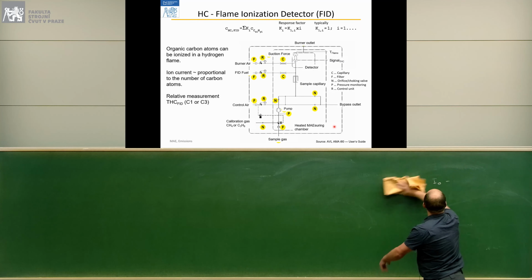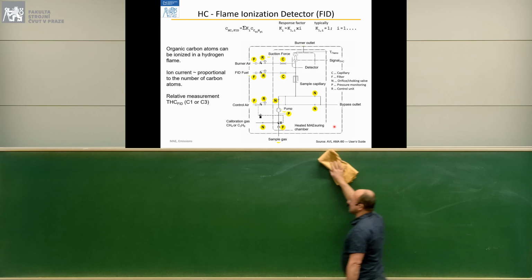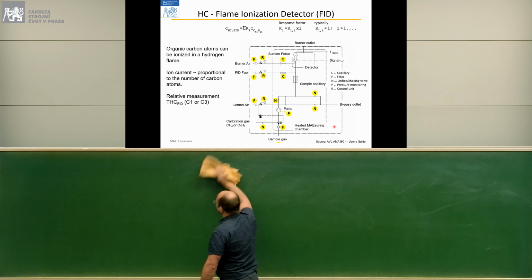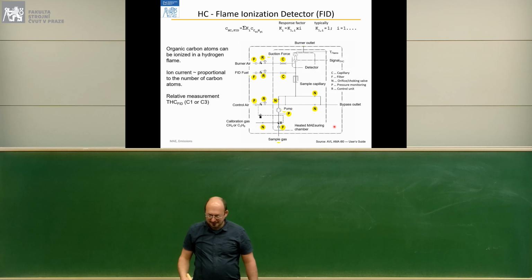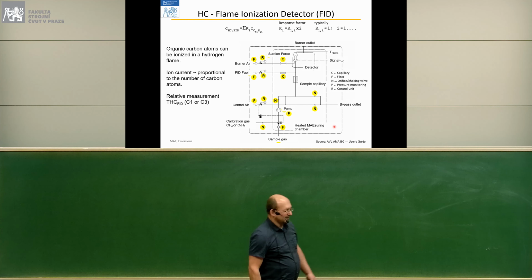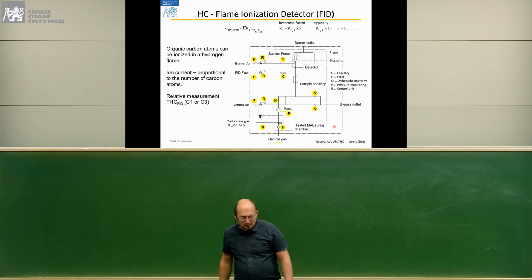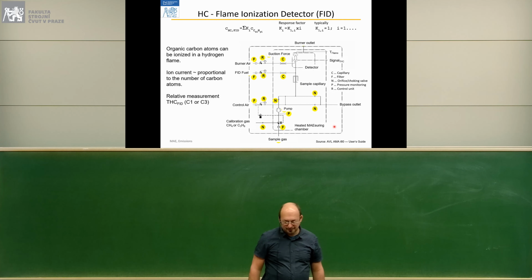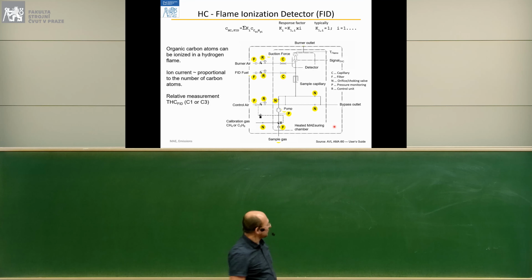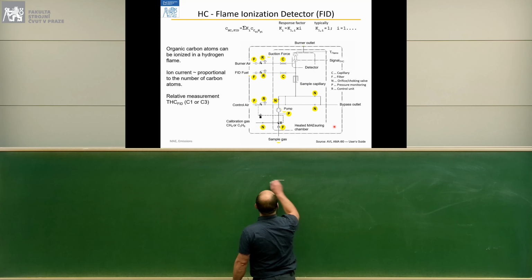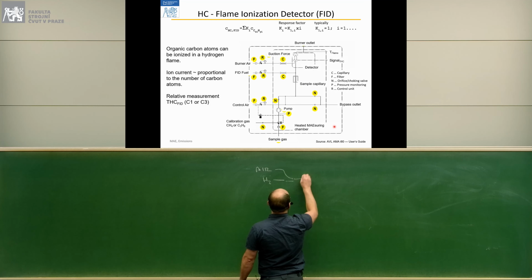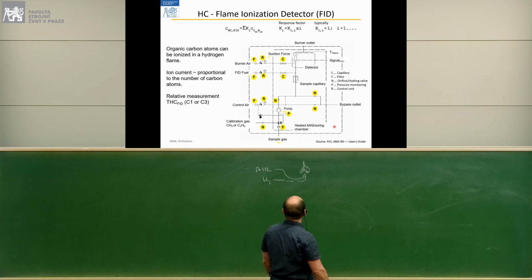The flame ionization detector works on a principle that as you burn hydrocarbons, ions are created as the hydrocarbon molecule fragments during the combustion process. So in a flame ionization detector, you have hydrogen and air supplied, and you have a hydrogen flame.